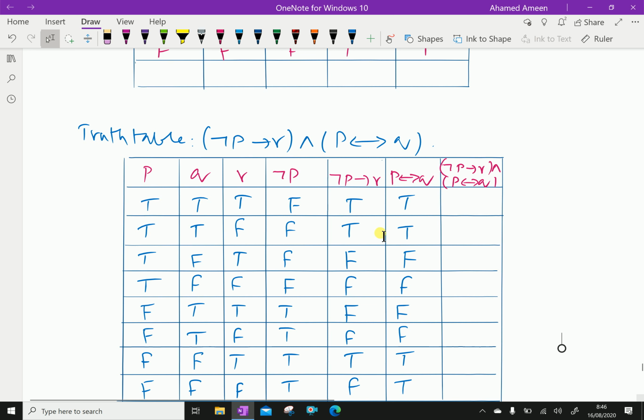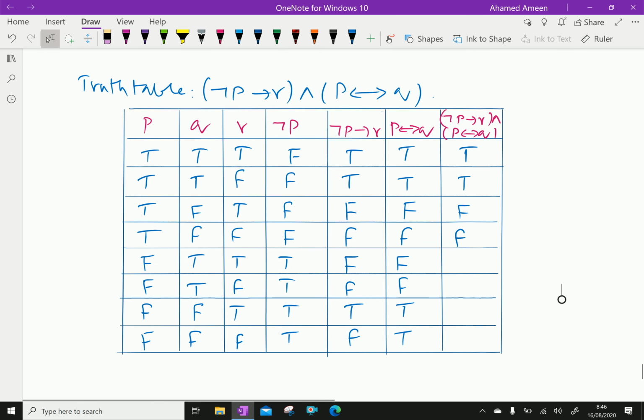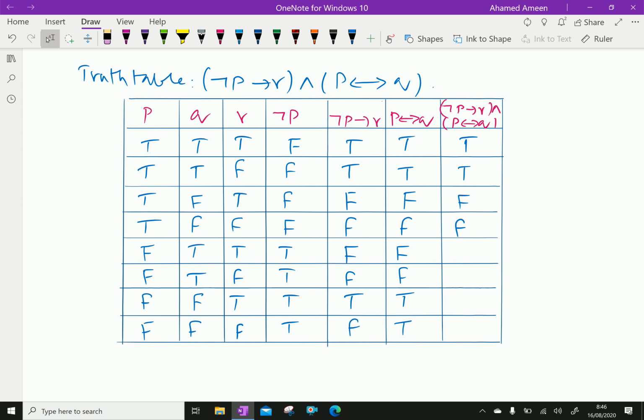You write the conjunctions: true and true, true; true and true, true; false, false; here false is coming. Here also false, here also false, here true, this false.